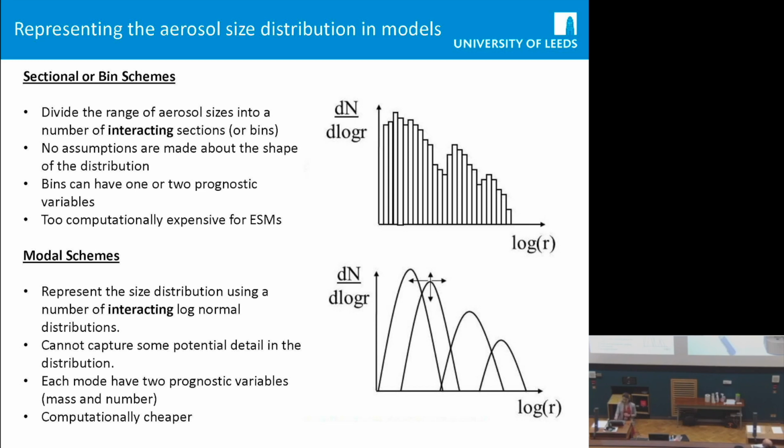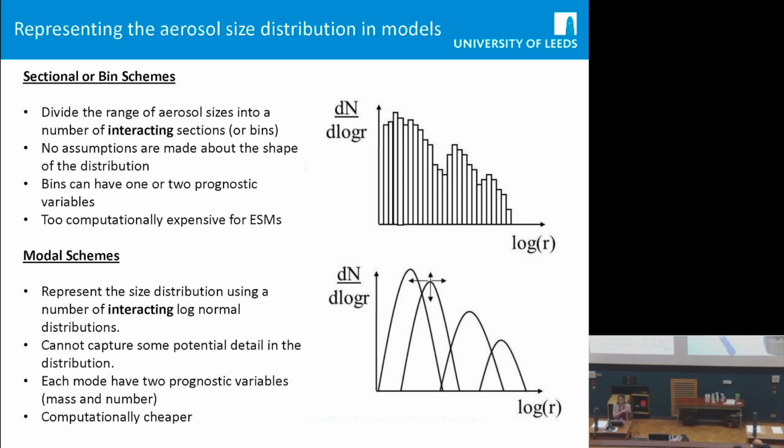However, whilst this might be really useful if you're looking at a particular location or a really short period of time, it's just far too computationally expensive to have all of those tiny bins in an Earth system model.